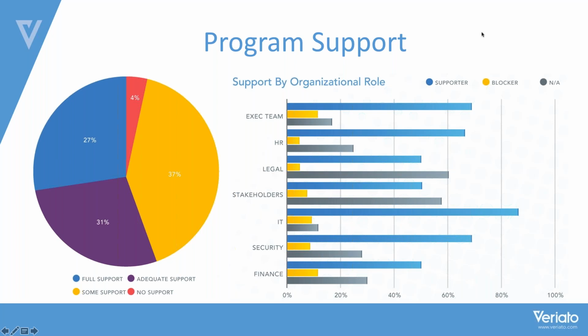By and large, there's huge support from the different types of roles, but there are also some real blockers. We chose the word blockers in this report not to describe someone who just didn't give much support, but someone who literally said, I don't like this program, I don't want it in place. They're trying to keep it from being successful, from actually being implemented.